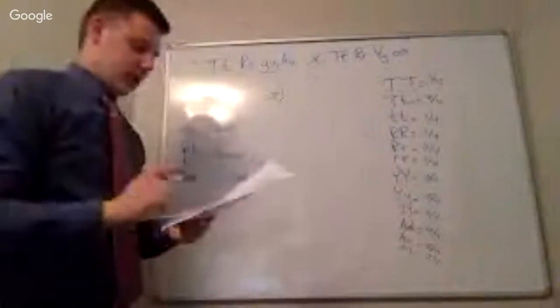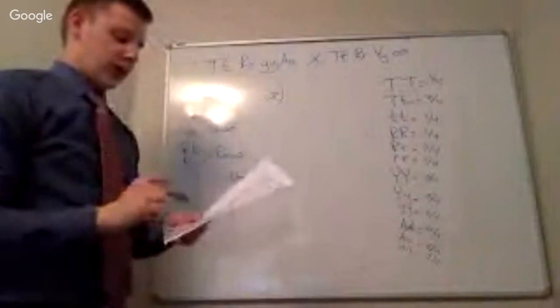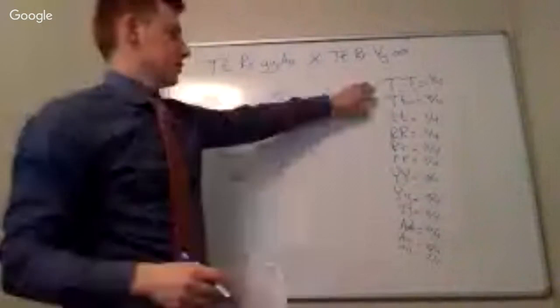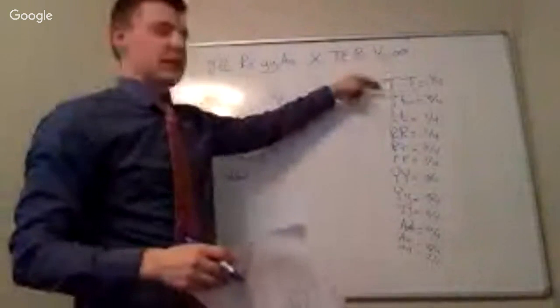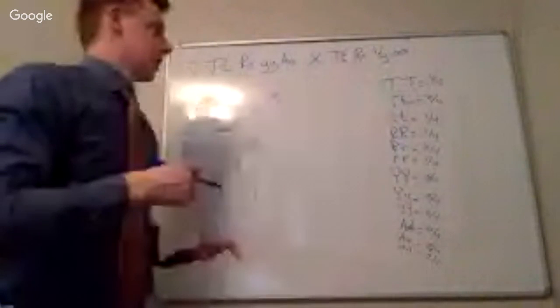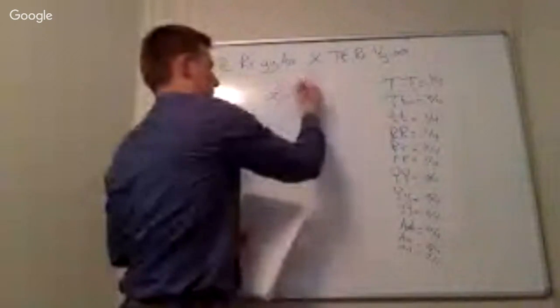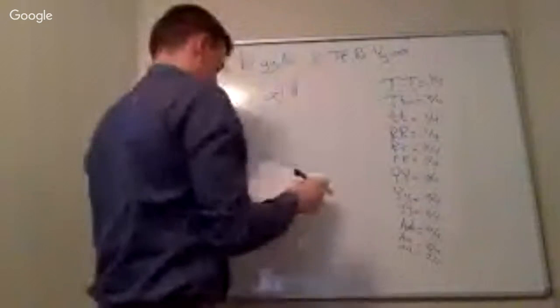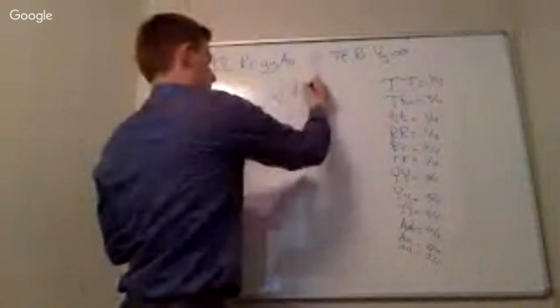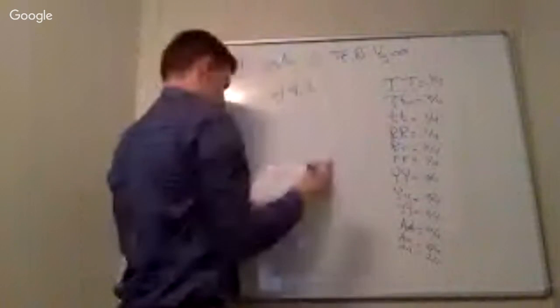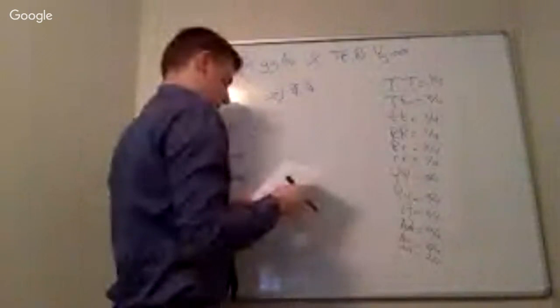And so the question is asking, what is the proportion of the offspring that will be tall, round, green, and terminal? Now we need to realize that to be tall, you have to add these together. And so we get 3/4. And then I'll just do these really quick. We get another 3/4 for the round. Because we're including those.